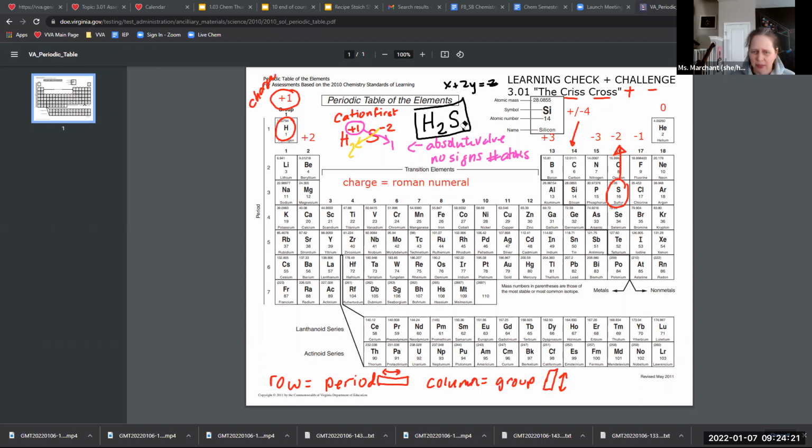So I don't need to write the 1 down there either. So I can just finish it as H2S. So that is how you find that chemical name when you combine hydrogen with sulfur. Hydrogen sulfide.